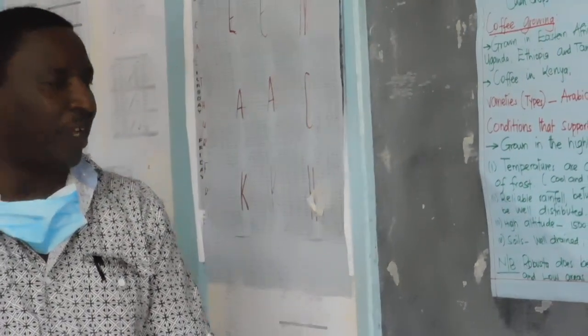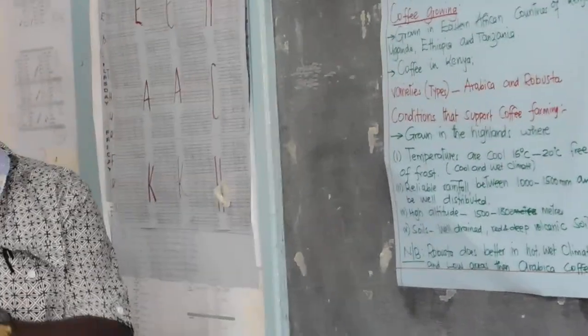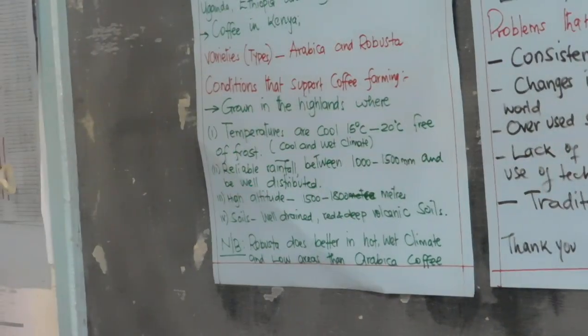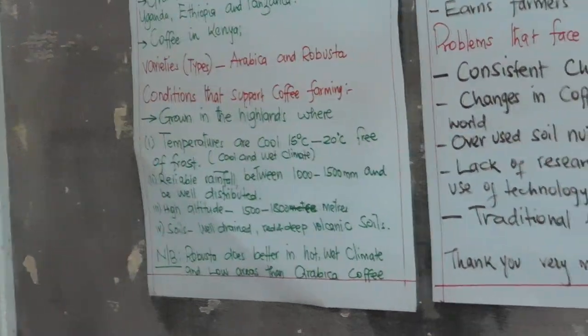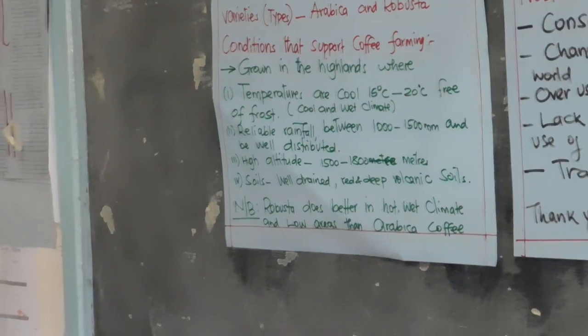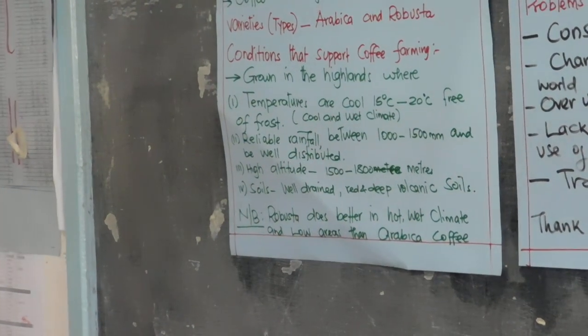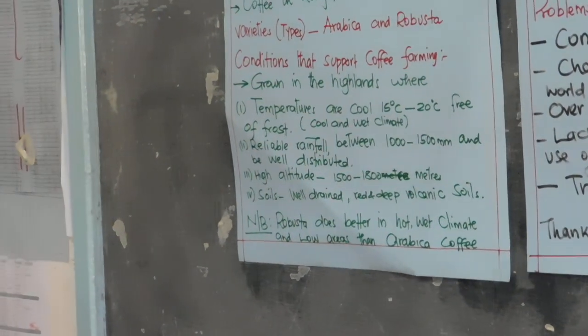Then we require reliable rainfall, well distributed in a year, averaging 1,000 to 1,500 millimeters. The height above sea level must be above 1,500 meters to a maximum of 1,800 meters.